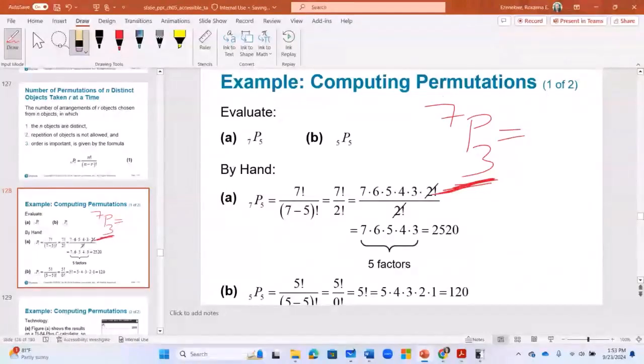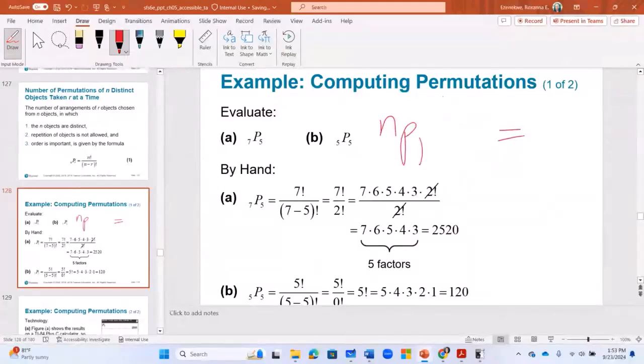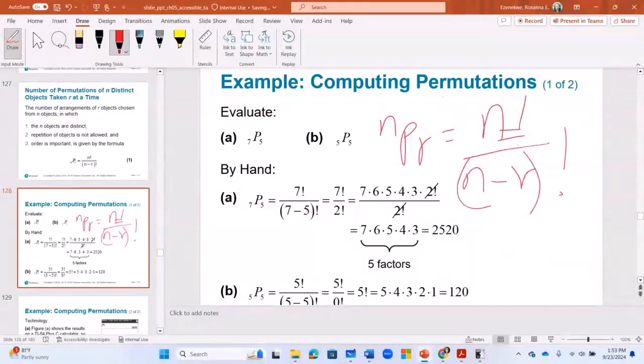Anyway, let's answer a question. By the way, permutation: n permutation r equals n factorial all over n minus r factorial. So that is the formula. If I am told to find 7 permutation 5, then I get 7 factorial all over 7 minus 5 factorial. 7 factorial is 7 times 6 times 5 and so on, and 7 minus 5 is 2 factorial.